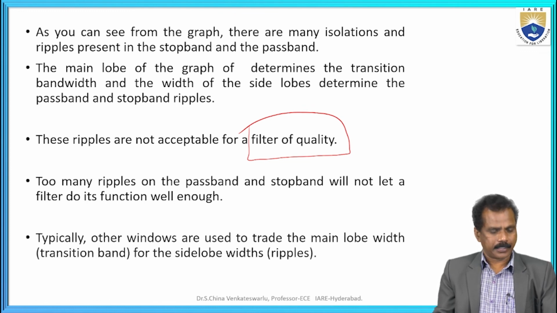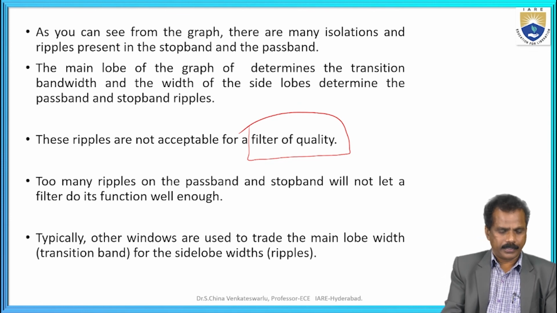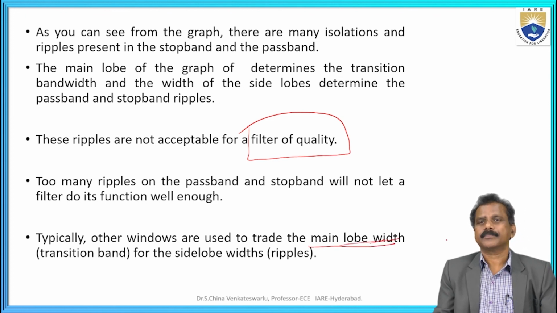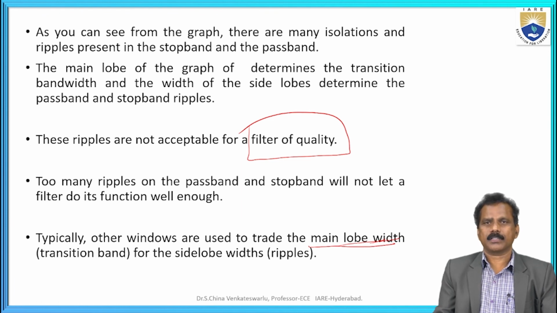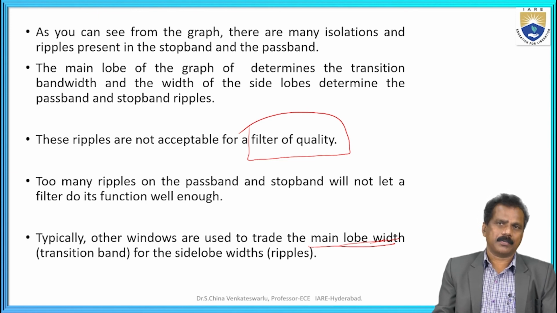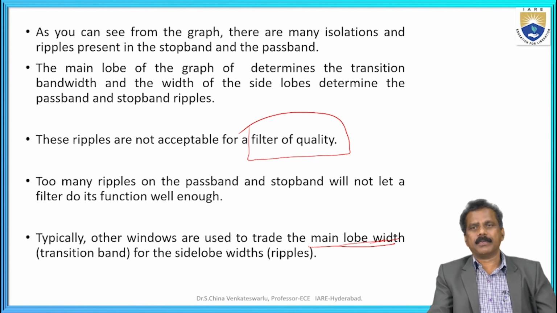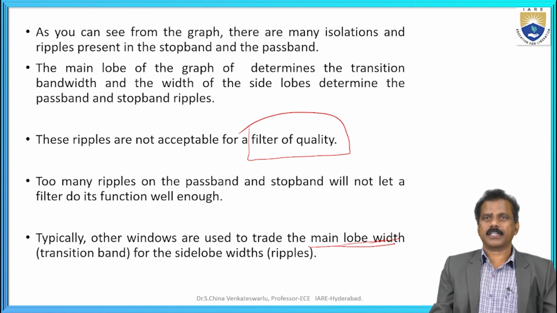Typically, other windows are used to control the main lobe width, or transition band, and the side lobe ripples. Whether the transition band, main lobe or side lobe ripples increase or decrease will decide the quality of the filter.